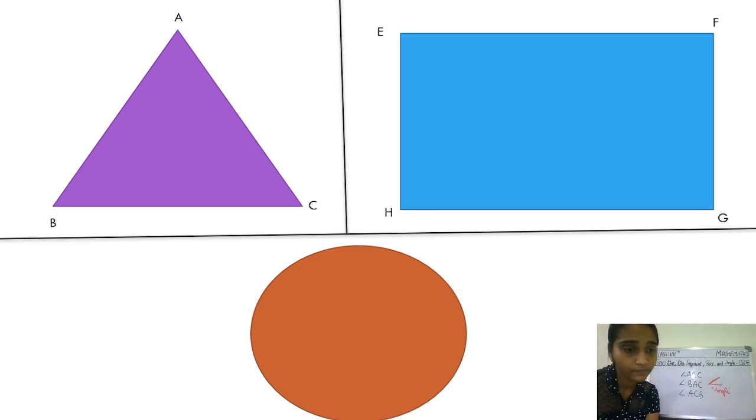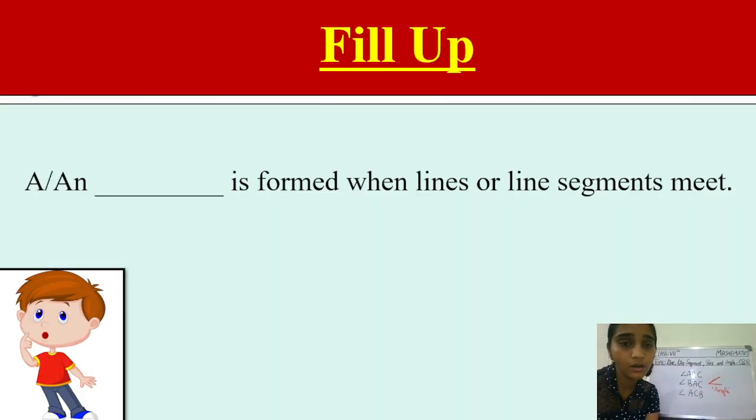Okay, very good, students. Now it's time for you to fill in this blank: a or an dash is formed when lines or line segments meet. So students, what is usually formed when lines or line segments meet? You can punch your answers in the comment section.